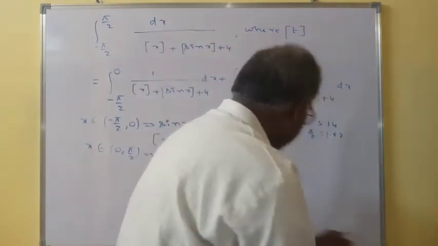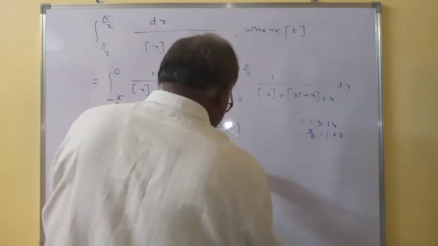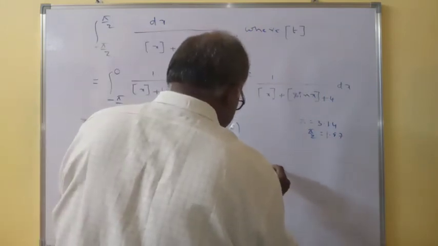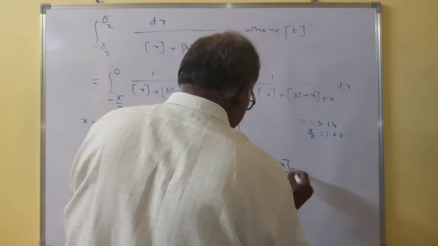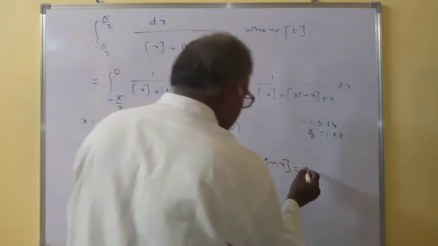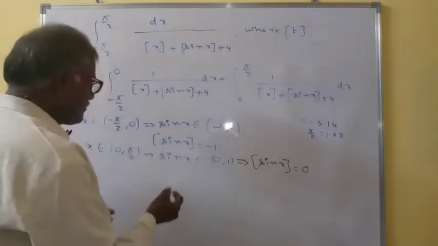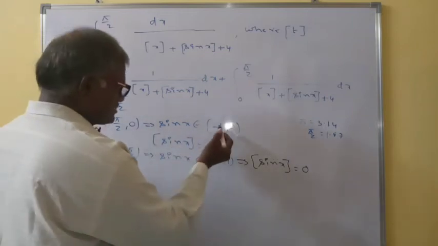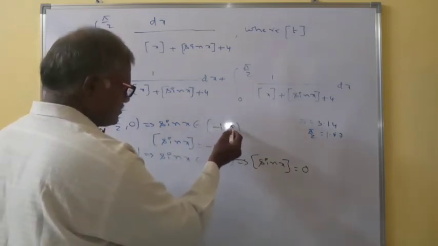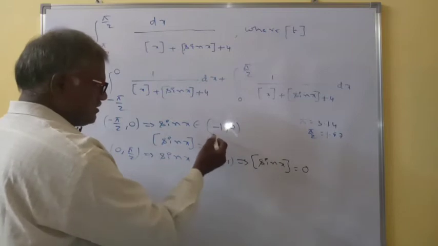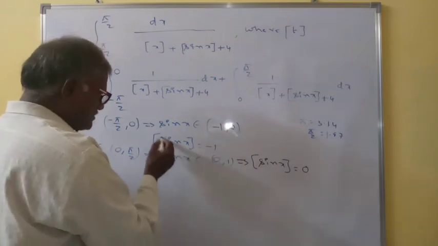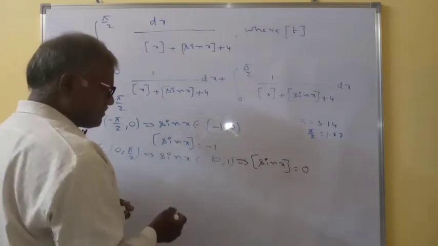That means in this interval, [sin x] is equal to 0. Here sin x belongs to minus 1 to 0, so in this interval the value of [sin x] is equal to minus 1.